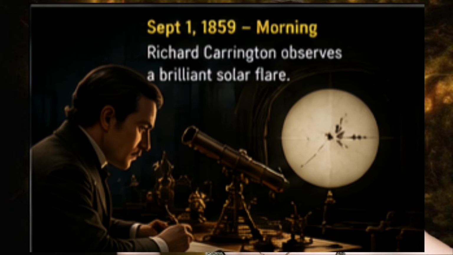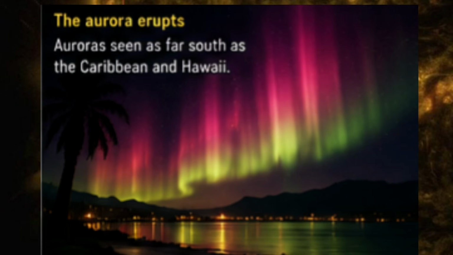Of course, he had no chance of knowing what it would cause on Earth, because this CME was launched toward our planet. Seventeen hours later, by the way, it takes from 15 hours to several days for charged particles to reach Earth. During the Carrington Event, it happened in 17 hours.